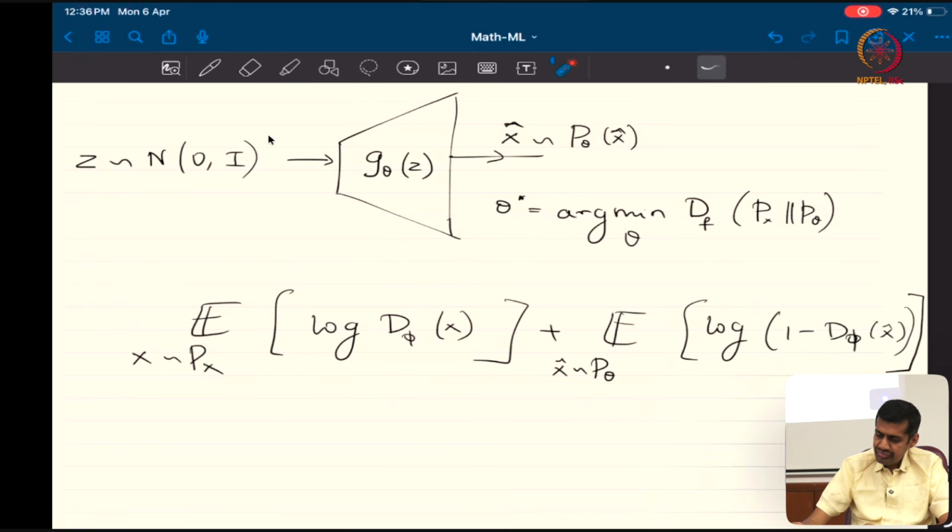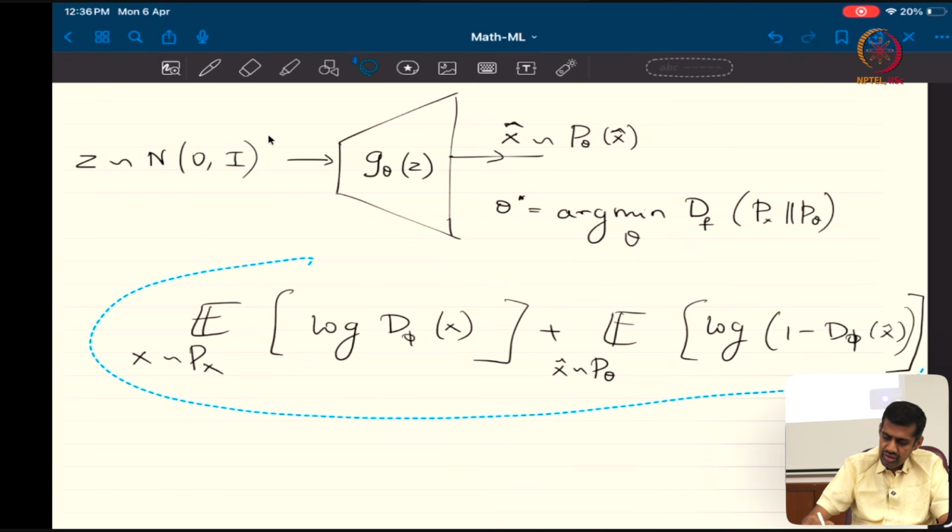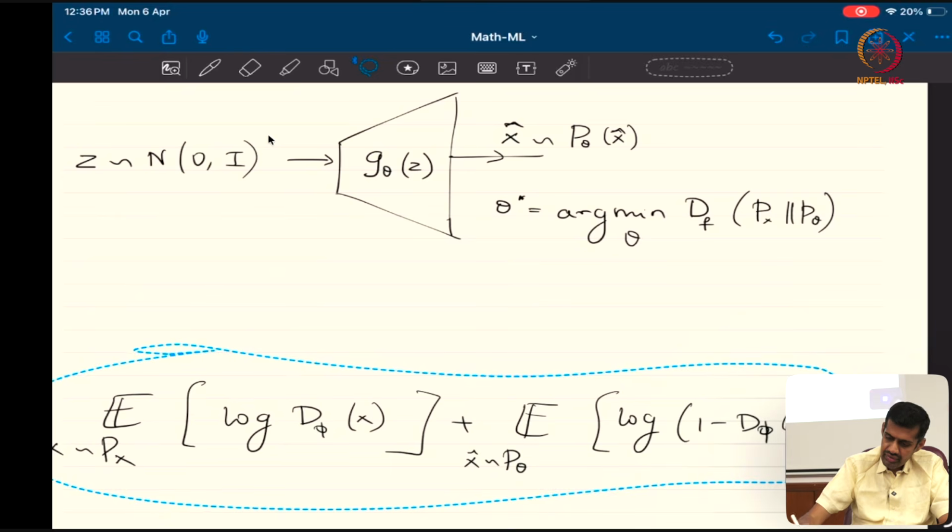Here we know what x is: x is our data points, and we know how to compute this expectation. What is x cap? X cap is the output of this neural network G, which we also know. What is this D? There is this function D, and this D is another neural network that we construct here.